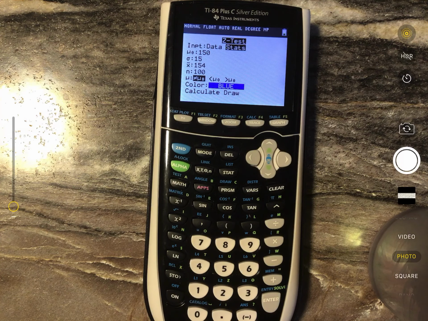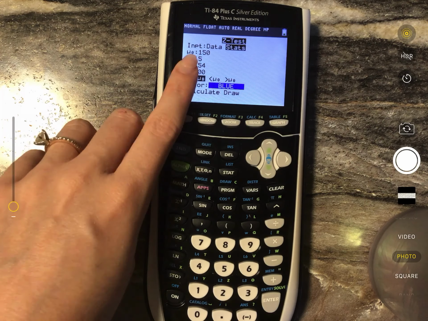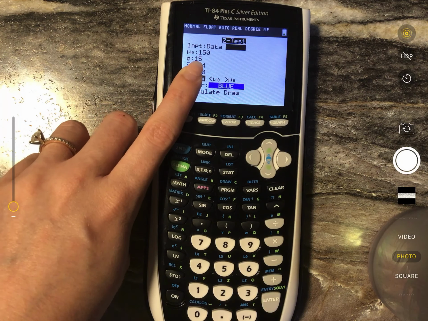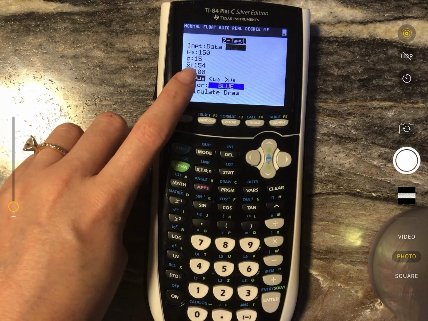We know from our problem that the population mean they're trying to test is 150. That is the number that goes into your hypotheses. Whatever number you have in your hypotheses that you're trying to prove or disprove, that is the number that goes in mu0. So that goes in as 150. Then our population standard deviation was 15.